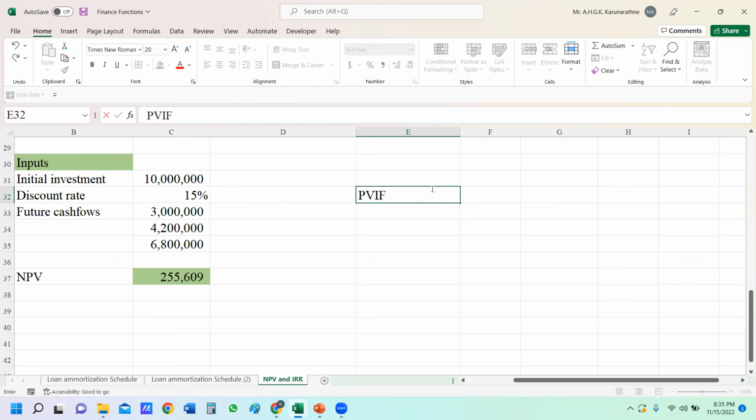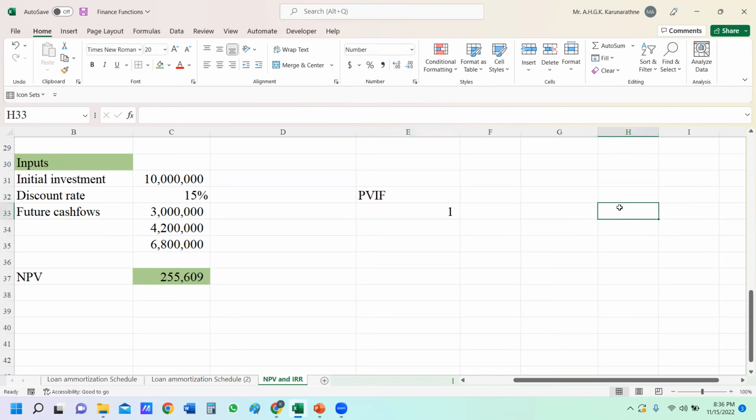Present value interest factor. The present value interest factor is equal to 1 divided by 1 plus R here, to the power 1, 2, 3.